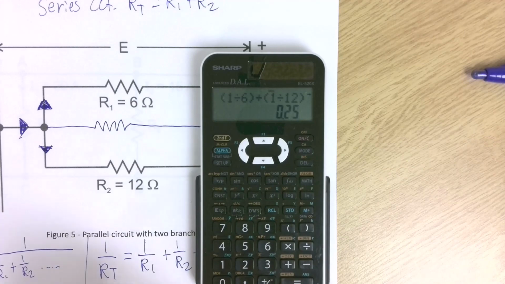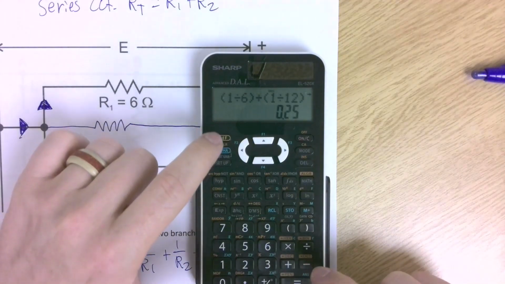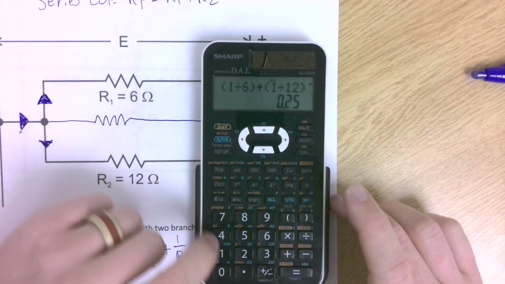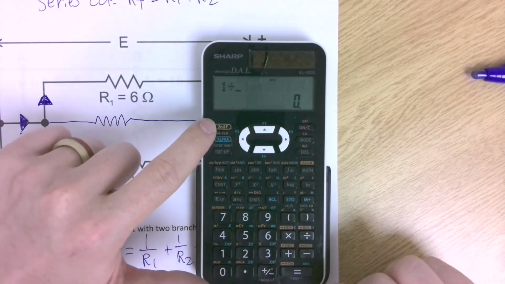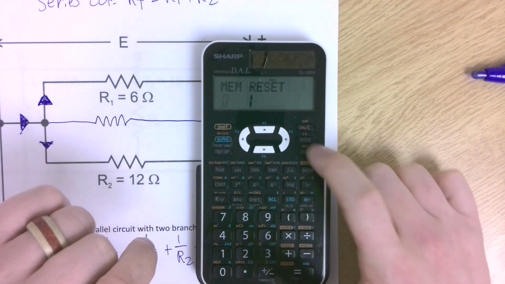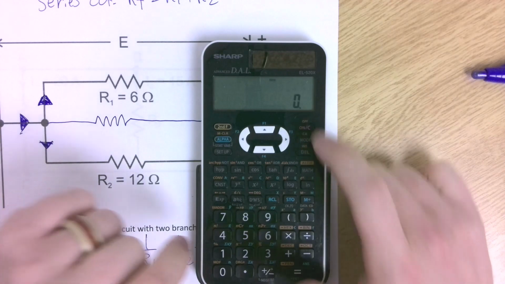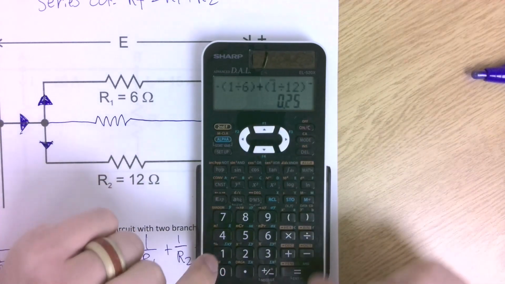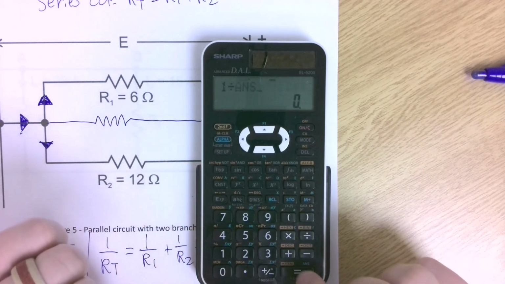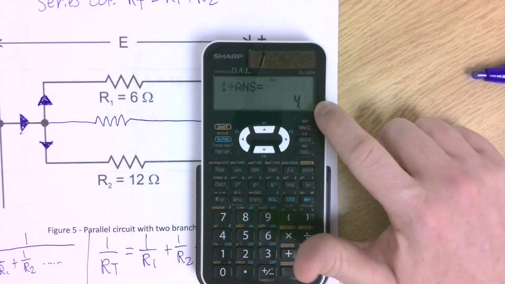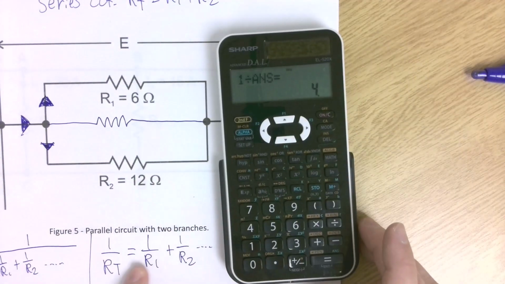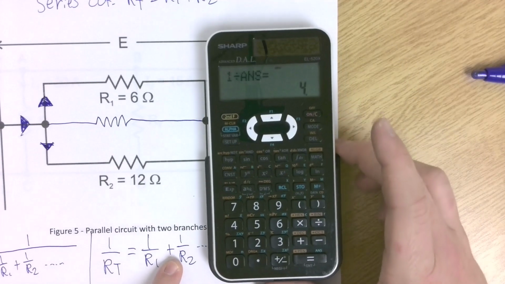It's going to give you a decimal, and then keeping that same answer in your calculator, you would just go 1 divided by, and on mine it's the alpha function, answer. That's going to give me 4, the same answer. It's just doing it in 2 steps on the calculator.